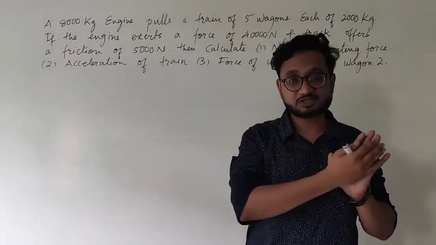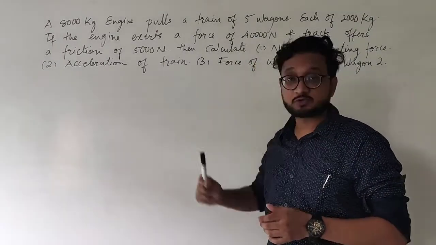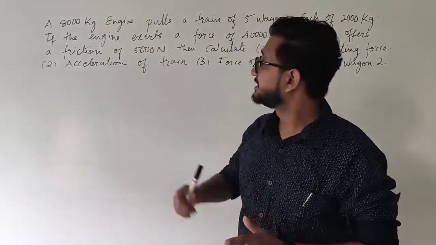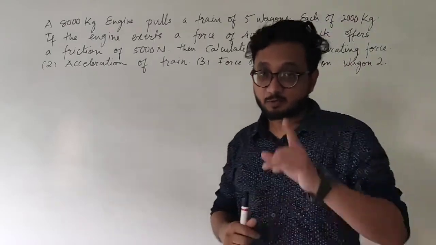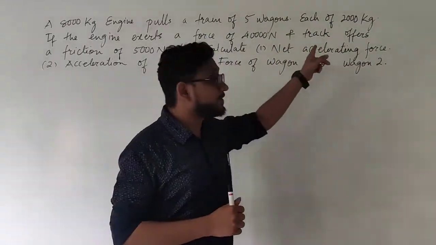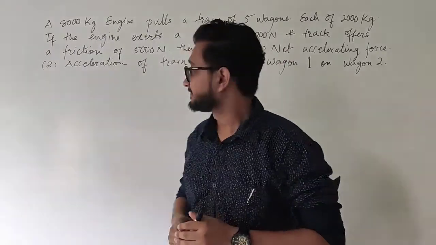So obviously the frictional force is in the opposite direction. Okay, so that is 5,000 newtons. So we have been given the force and the mass of the engine as well as the mass of one wagon. Each wagon is 2,000 kilograms. So 5 wagons, you can understand.